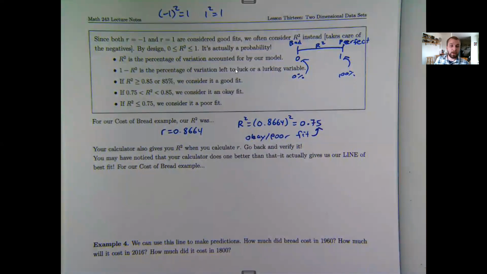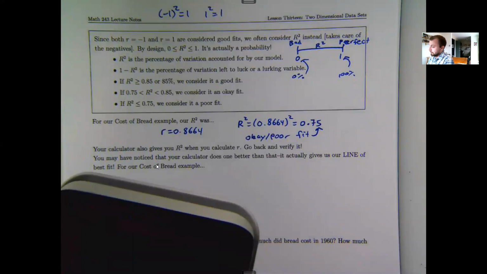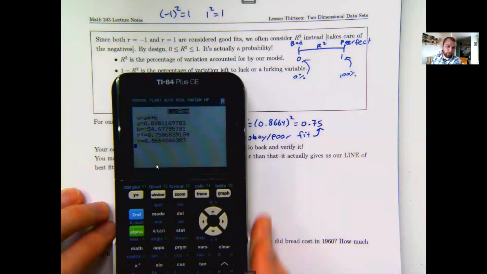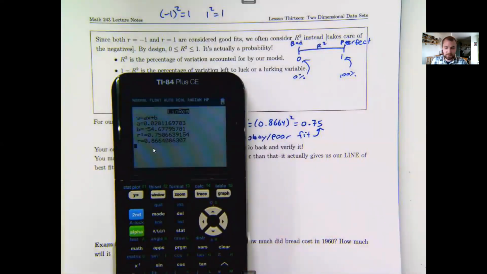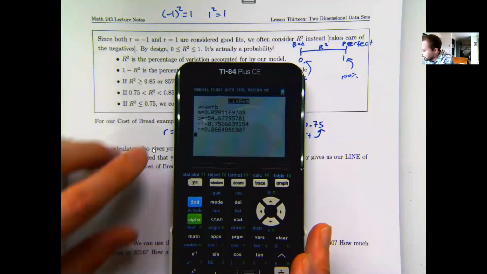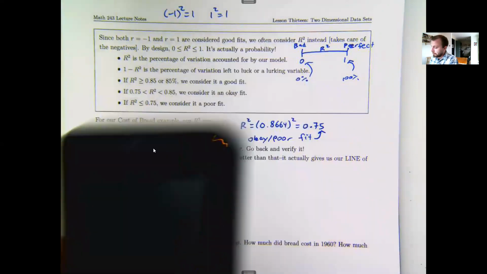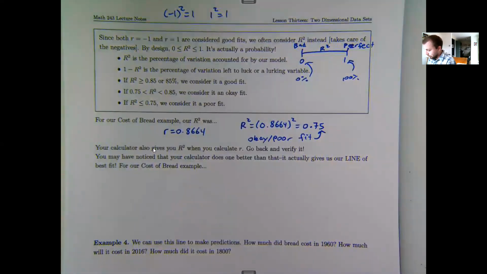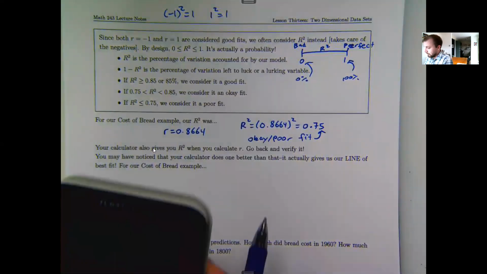But I now have a numeric way of kind of checking things out. Now, just a note, your calculator, when you did that linear regression, let me pull up my 84, it gave me both an R and an R squared. So your calculator will actually automatically give you all of these values.